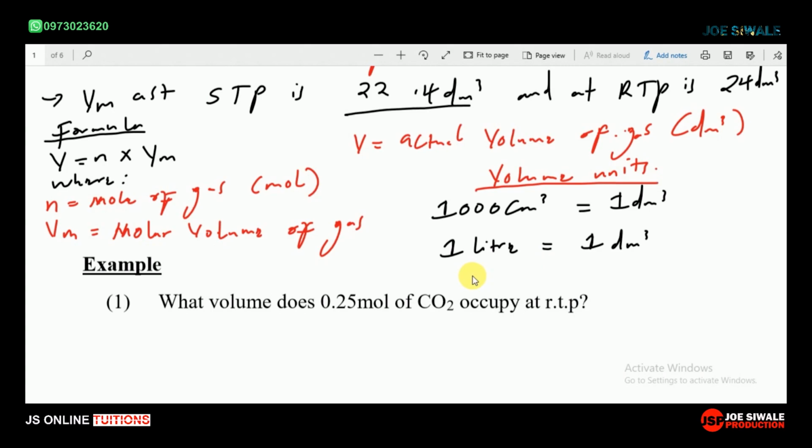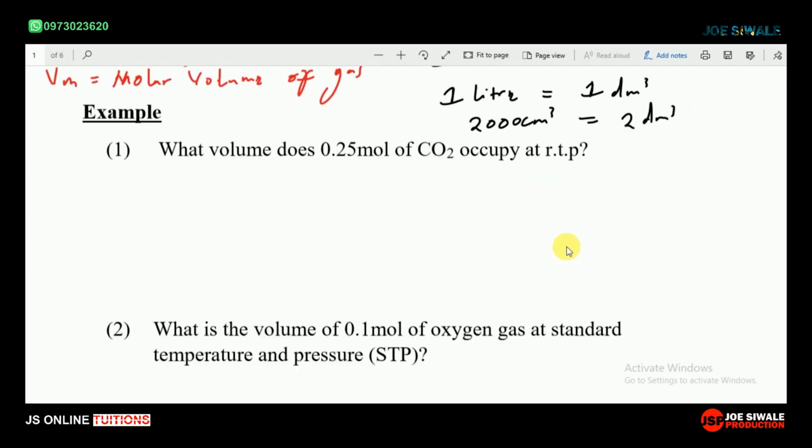For example, if you have been given 2000 cubic centimeters, converting it to cubic decimeters is going to be 2 cubic decimeters. So you just use these equations to convert cubic centimeters into cubic decimeters, or cubic decimeters into cubic centimeters. Let us now look at the questions.